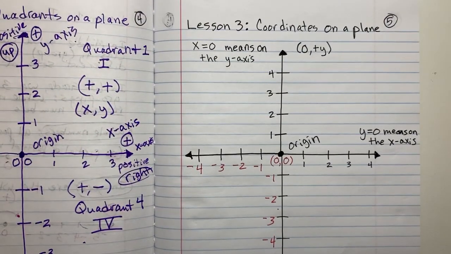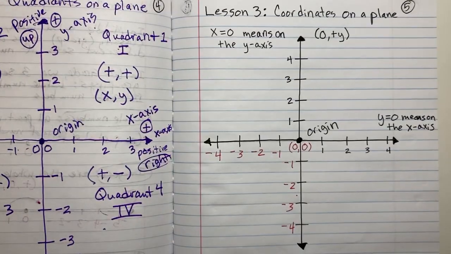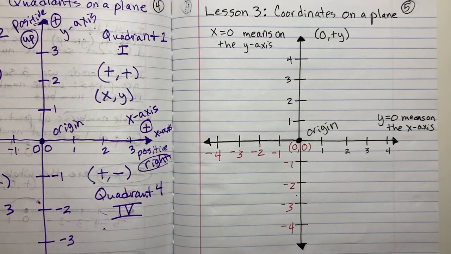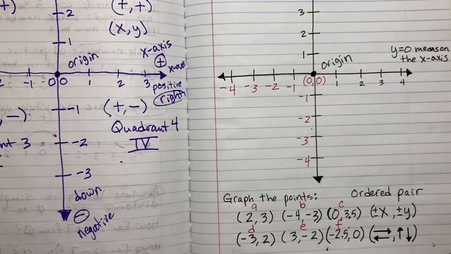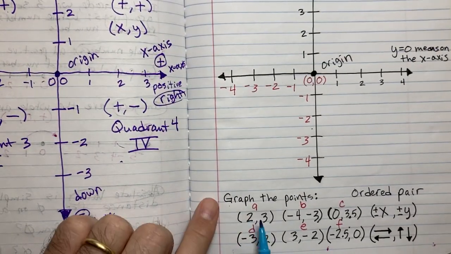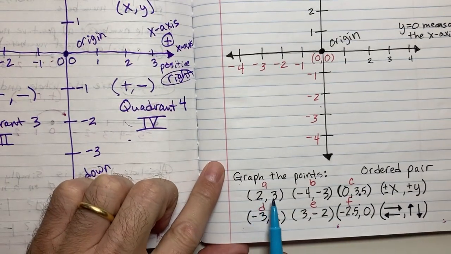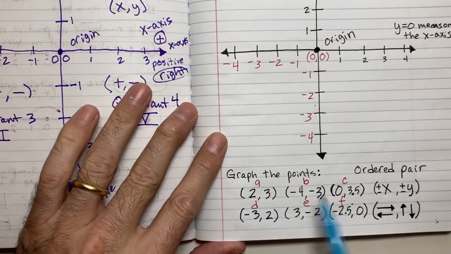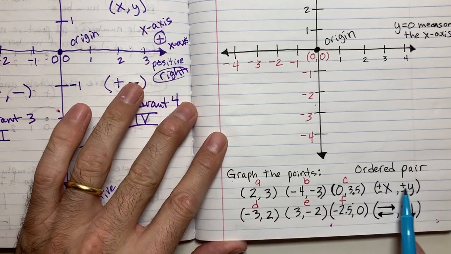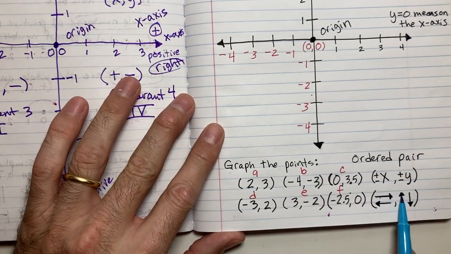Okay, so we're going to graph the first point. I'm actually just going to switch colors here. The first point, A, is going to be located at positive 2, positive 3. Positive and positive means we're going to go right and then we're going to go up.